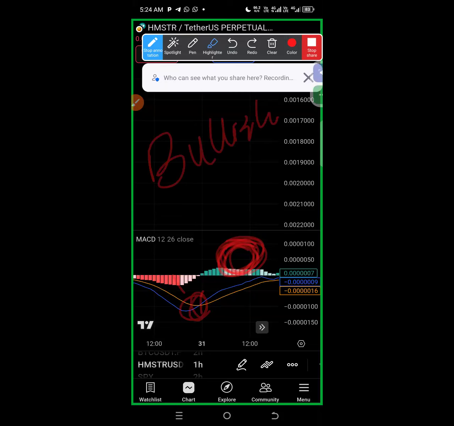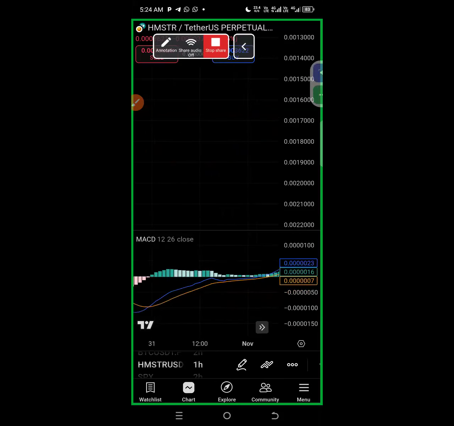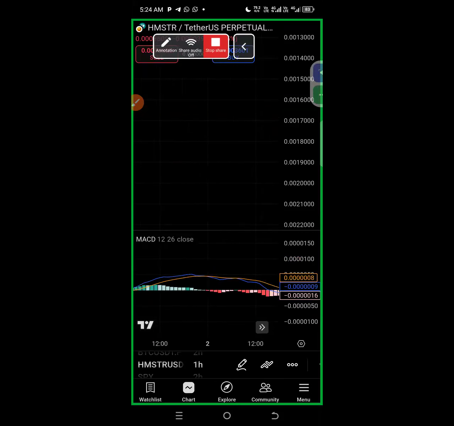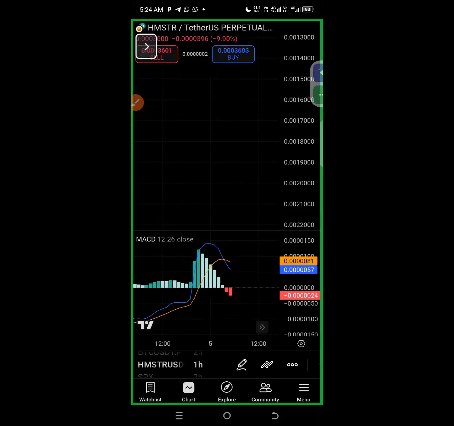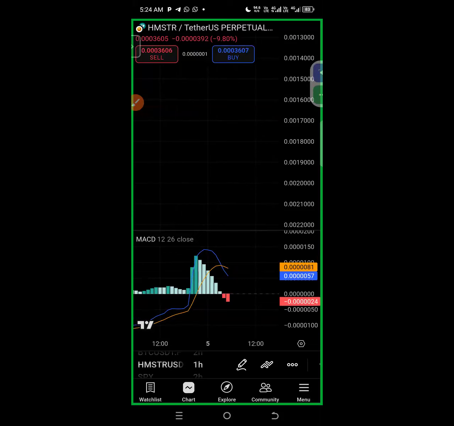Now, if the MACD line moves above the zero line, so this is it. When the crossover happens above the zero line, this is a typical example of what we are talking about.